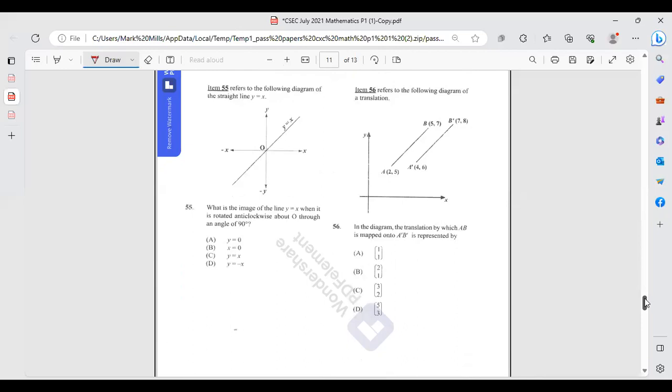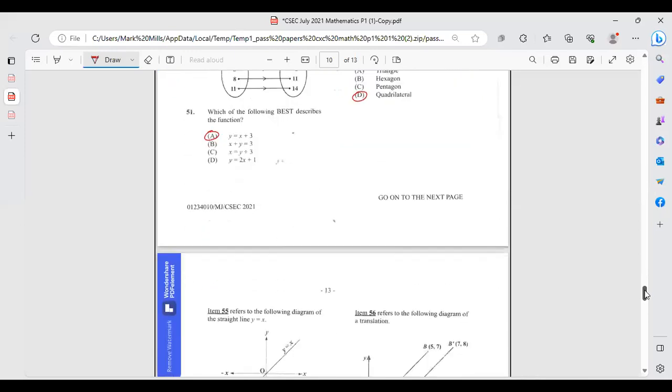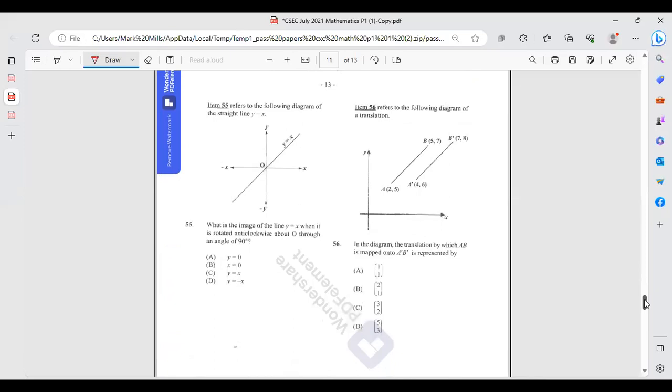55. Y equals negative x. Y is equal to what? Can you scroll down, please? Okay, sure. All right, number 55.